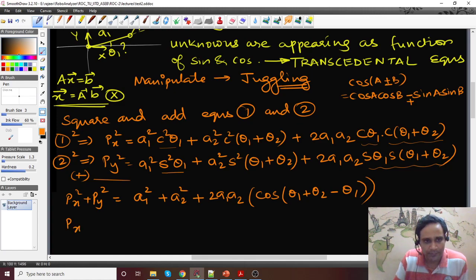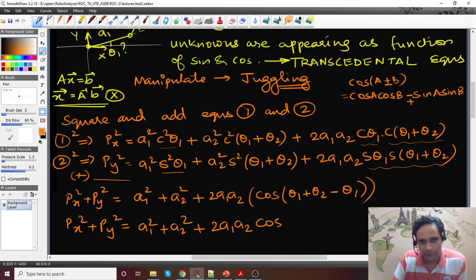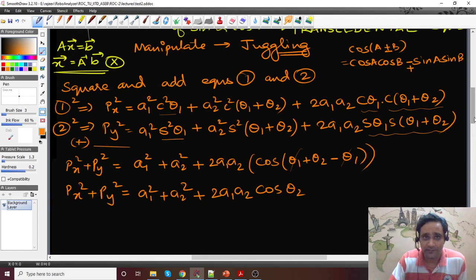So let me write px square plus py square is equal to a1 square plus a2 square plus 2a1 a2 cos of, this will get cancelled, so cos theta 2. Now next step is important. What are the unknowns?